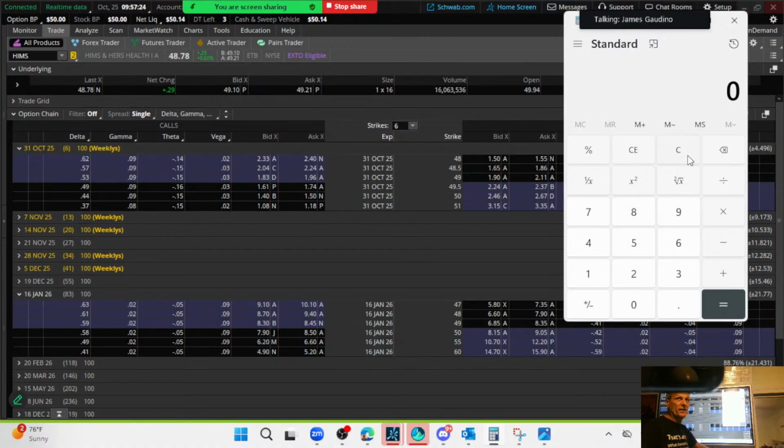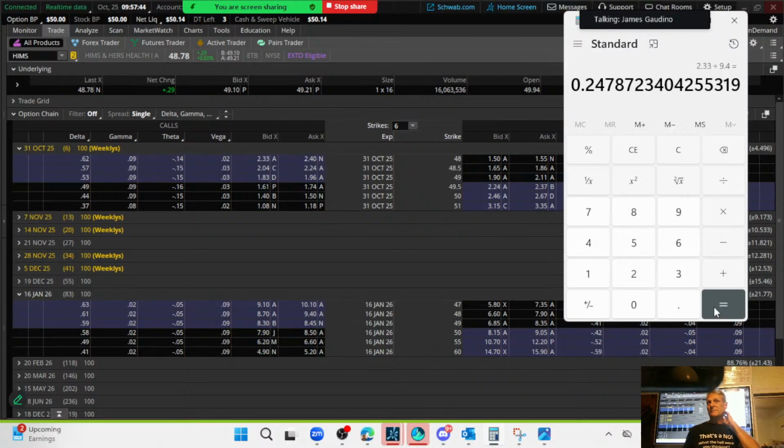So we take the profit, 233, and we divide it by the investment, which is 940. That's a grand total of, let's call it 25%.